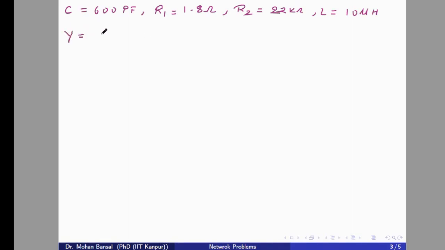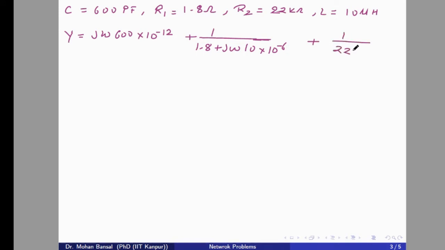So Y is equal to j omega C, that is j omega into 600 into 10 to the power minus 12, plus 1 divided by R1 plus j omega L, that is 1.8 plus j omega into 10 into 10 to the power minus 6, plus 1 divided by R2, that is 22 into 10 to the power 3. Now we simplify it.